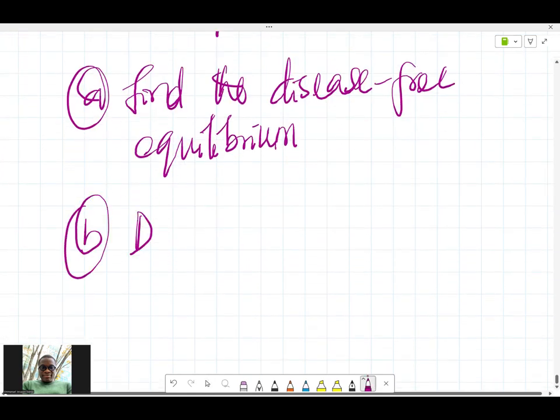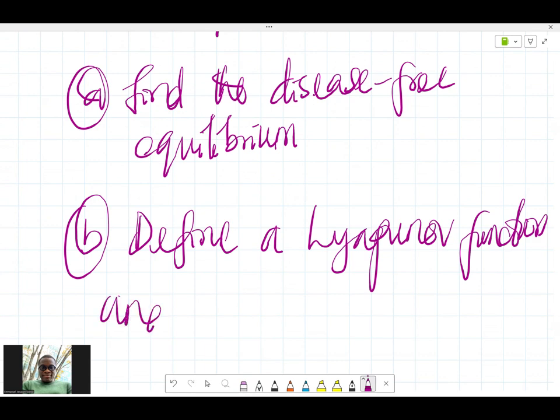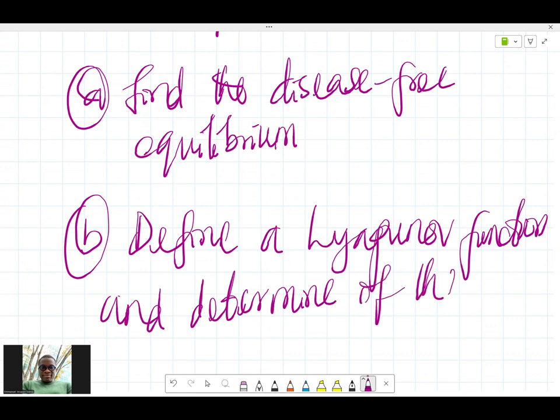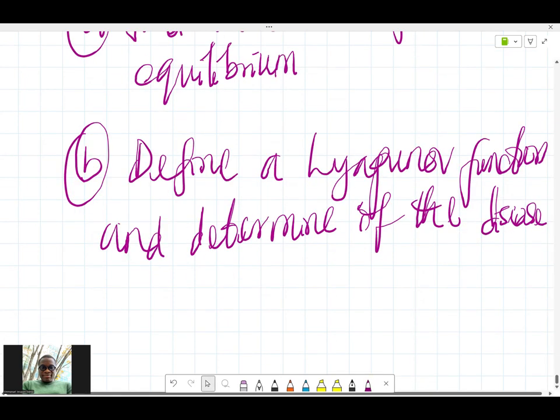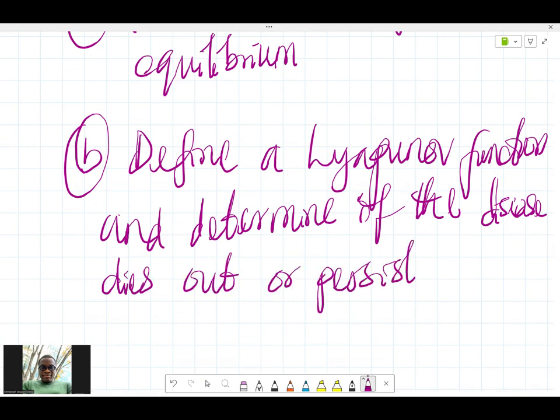The next question is to define a Lyapunov function and determine if the disease dies out or persists. So it's still basically about asymptotic stability or Lyapunov stability.